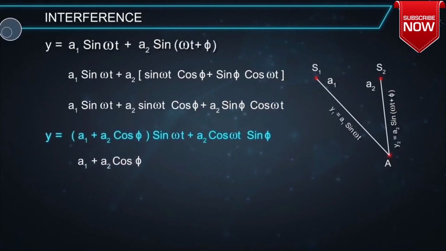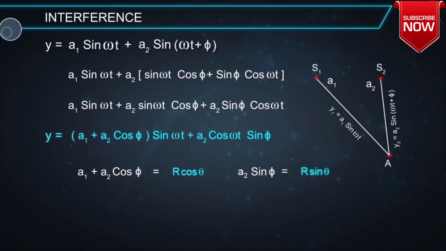Now, let us take (a1 plus a2 cos phi) as r cos theta and a2 sin phi as r sin theta. If we substitute these values, we get y equals r cos theta sin omega t plus r sin theta cos omega t.